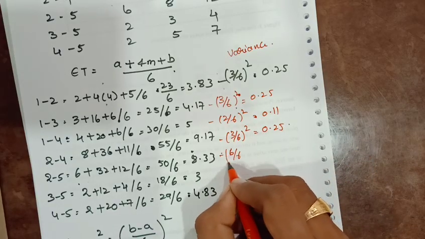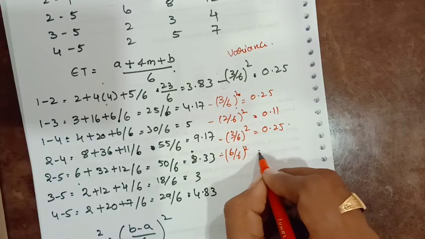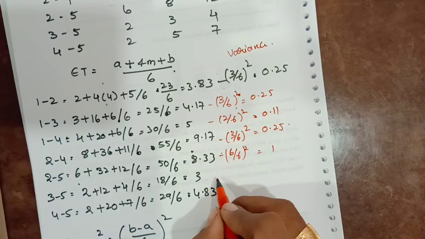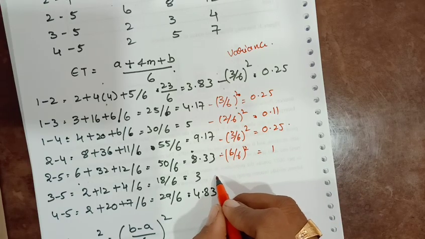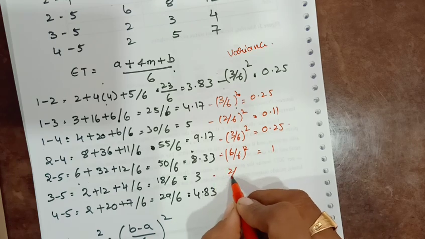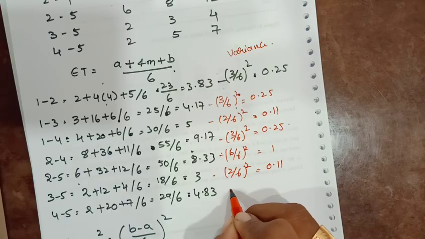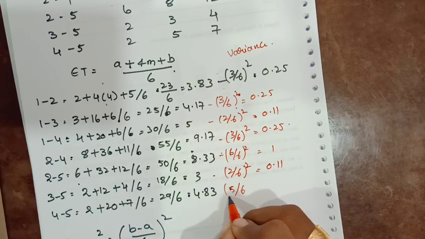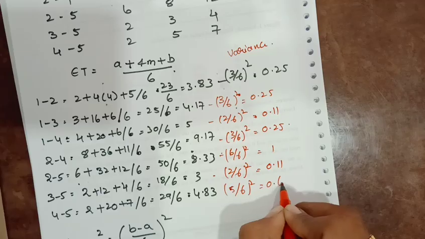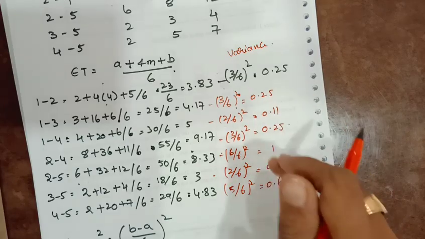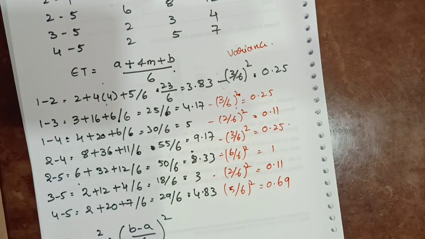Then 6 minus 1 is 5, so 5 by 6 whole square is 0.69. So now we have the variance.